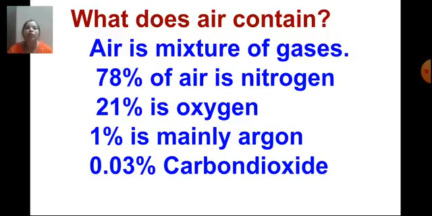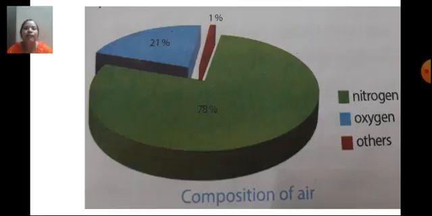Apart from these, many more things are present in the air, like dust, smoke, other harmful gases and water vapor. Yes, water vapor is also present in the atmosphere along with the other gases.